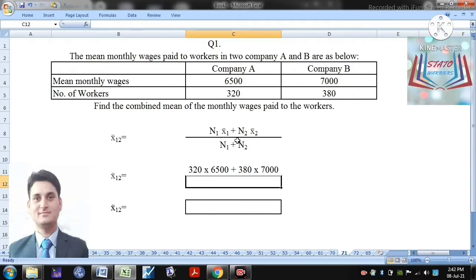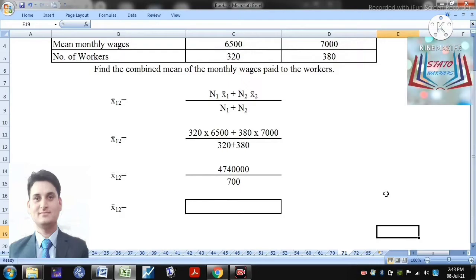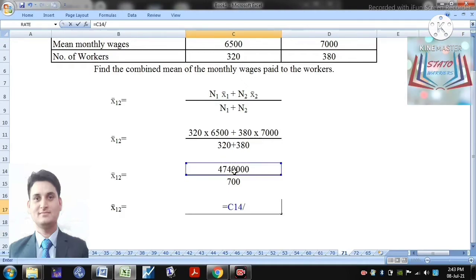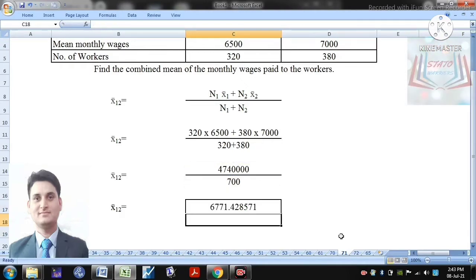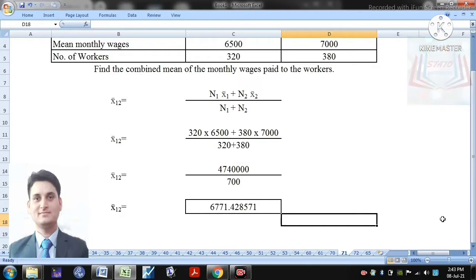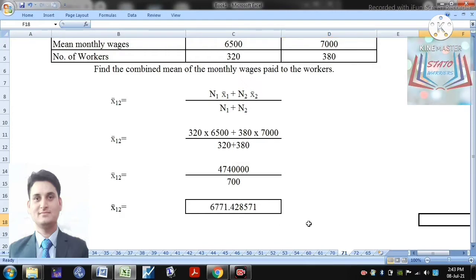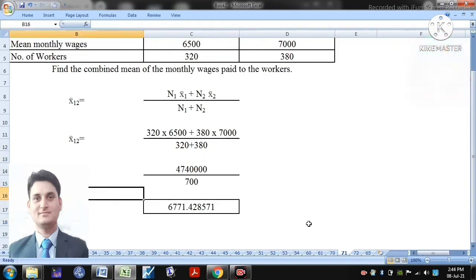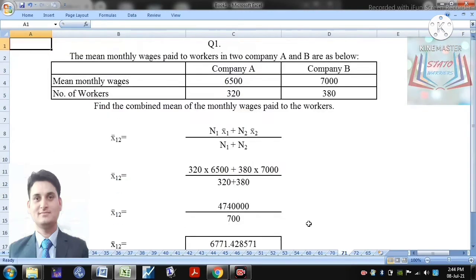So this is 320 plus 380. This will be 47,40,000 divided by 700. We'll get 6,771.43 as the combined mean of monthly wages paid by both the companies.